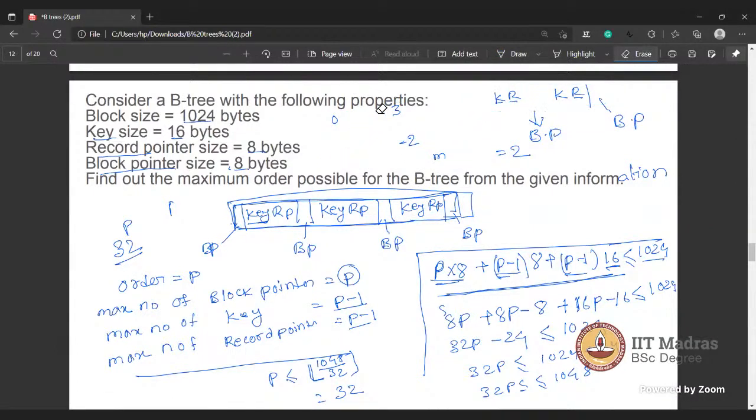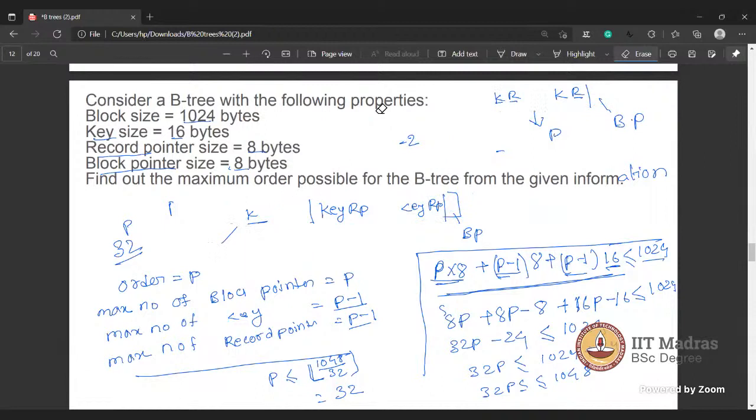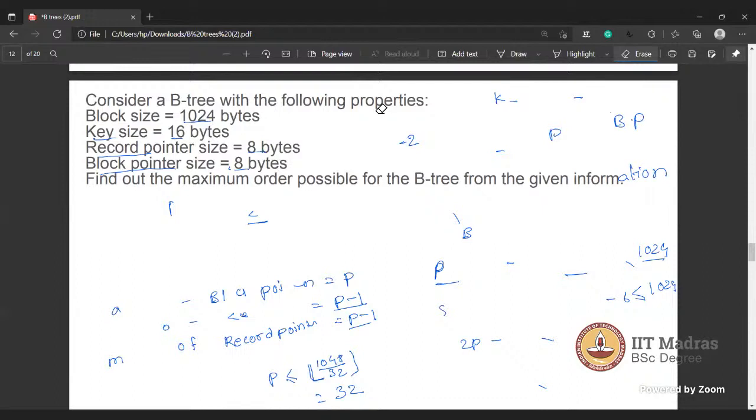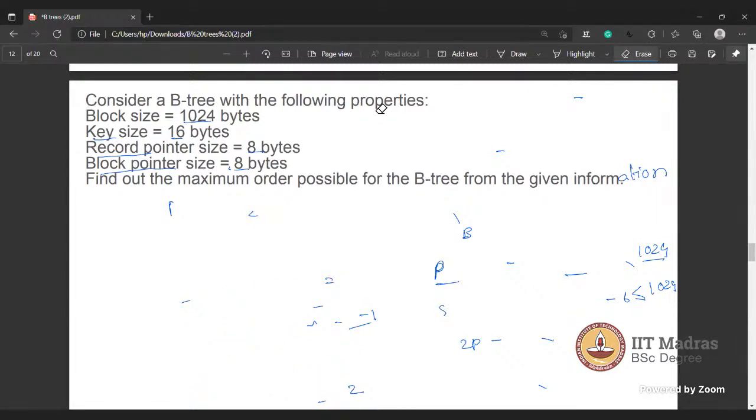Please solve one numerical of this type.